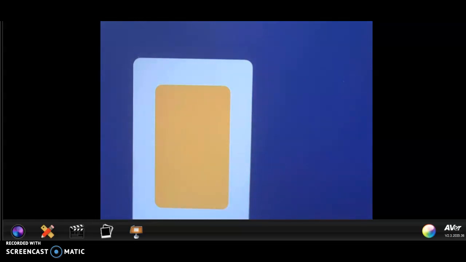All right, so those were the shapes, and now I'm going to tell you what we're going to learn about today. Okay, today we're going to learn about positional words or position words. So what are positional or position words? Those are words that tell you where things are. You know, it tells you where your toys are or where a book is. So positional words are something like up.